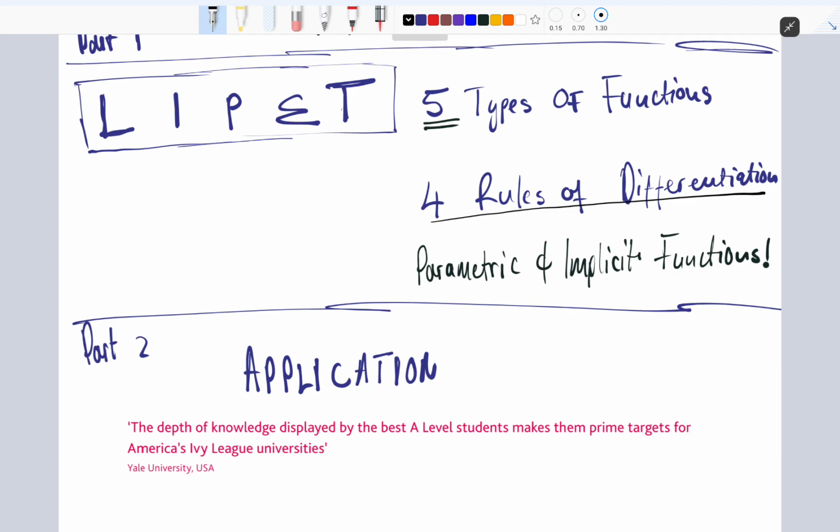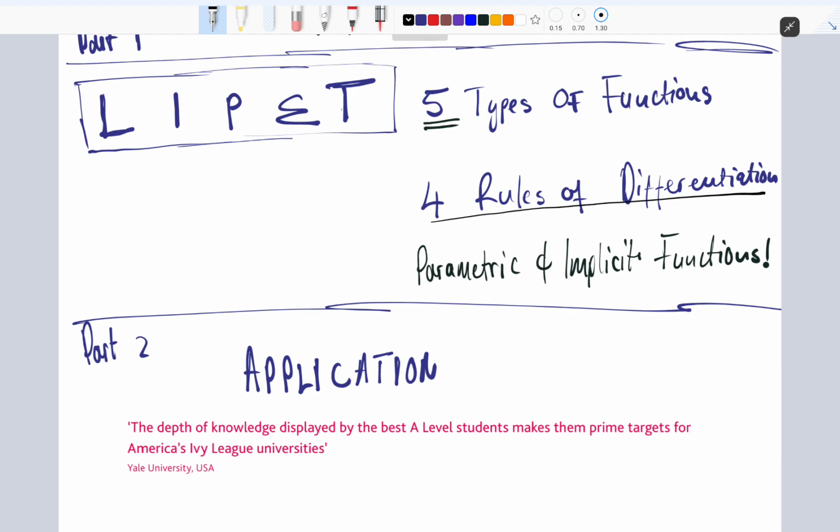The only one where we don't combine functions in different ways is the first rule, and I'm going to show you. So put this in your mind first, because I cannot say everything in the first because it's going to be too long. But I'm going to list for you the 4 rules in the next one, and I'm going to show you what the 5 types of functions are.